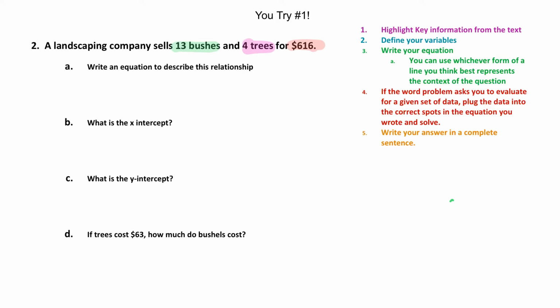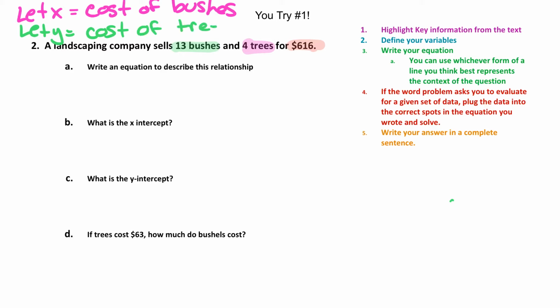So I'm going to say, let X equal cost of bushes. And then I'm going to define my Y as let Y equal cost of trees. So I've defined my variables. Now I need to write my equation. So I wrote my equation as 13x plus 4y is equal to 616.